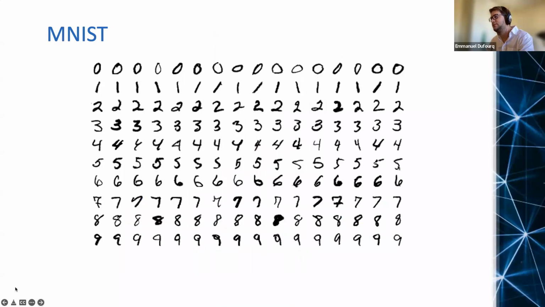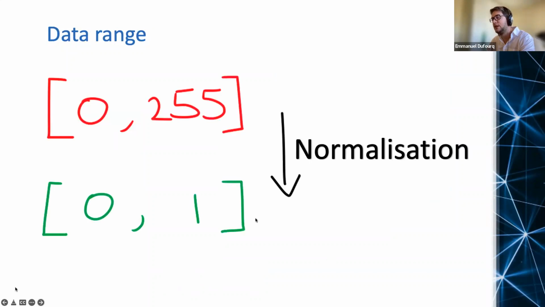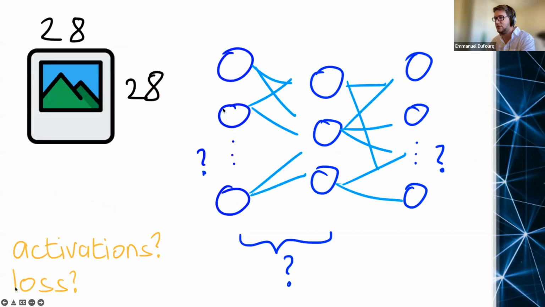So just a reminder, an image is made up of pixel values, and a color image is made up of 3 matrices stacked on top of each other: the red channel, the green channel, and the blue channel. Each of these matrices will have values between 0 and 255. And then I explained that commonly we normalize the values to 0 and 1. One way to do that, because the range is between 0 and 255, is to simply divide by 255.